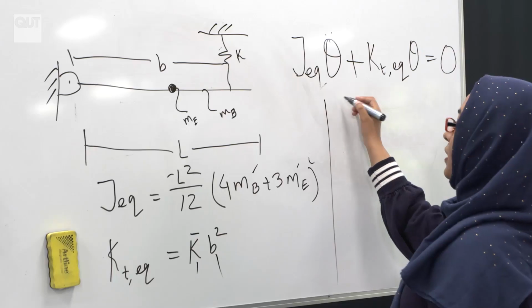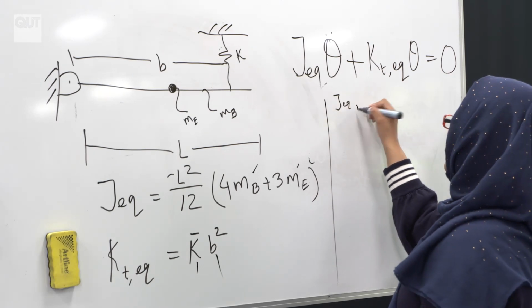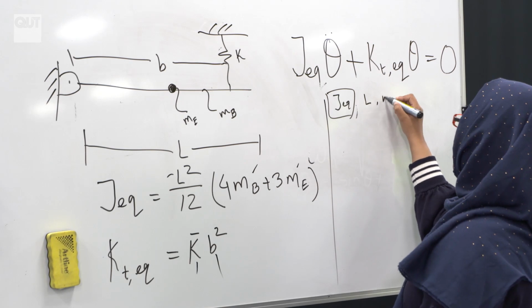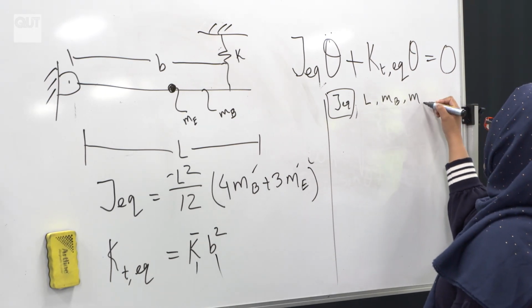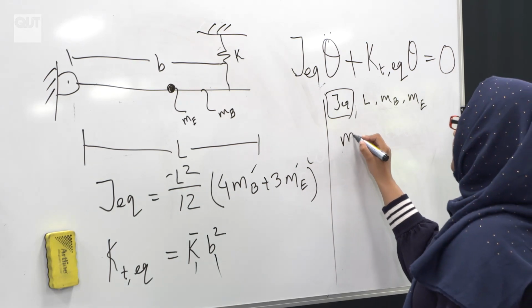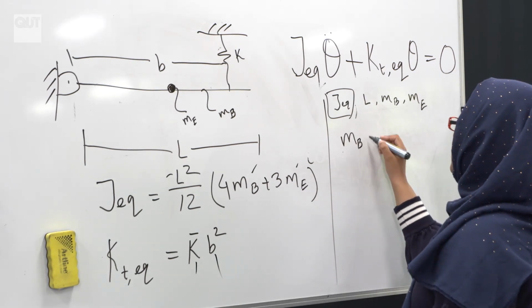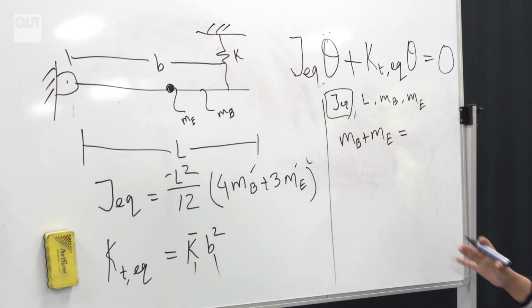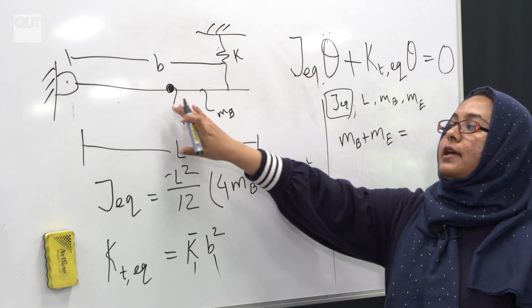Alright. So, for J equivalent, we need L, we need MB, ME. In the system, you are given this value, which is the combination of the beam and the exciter unit.